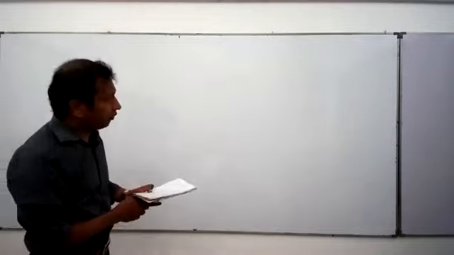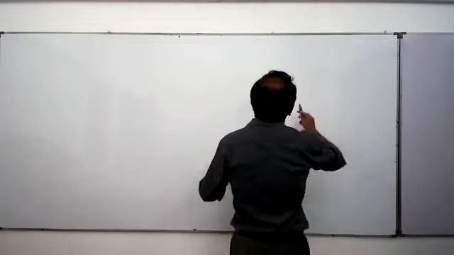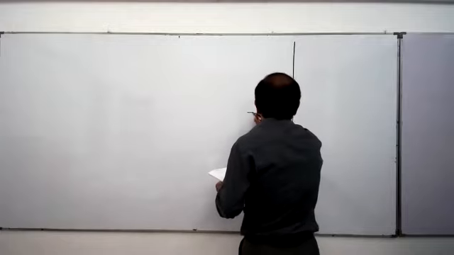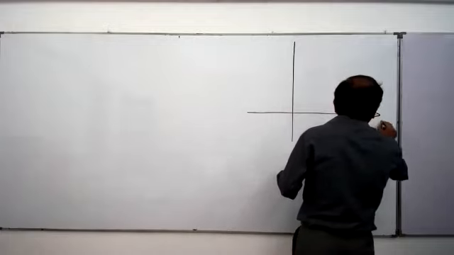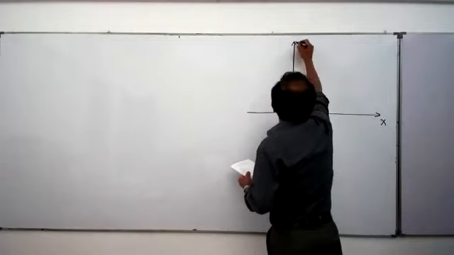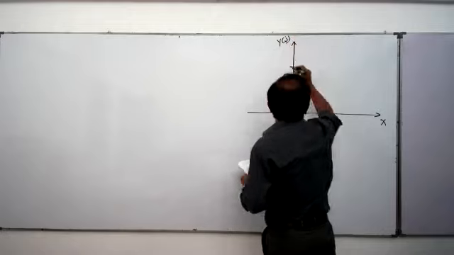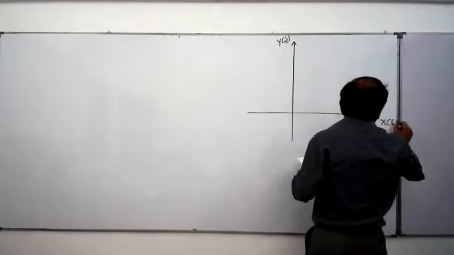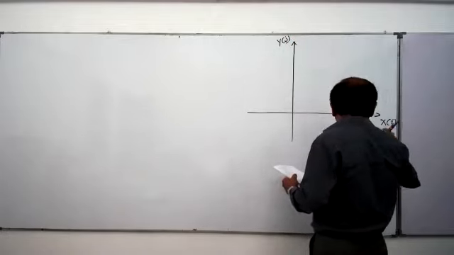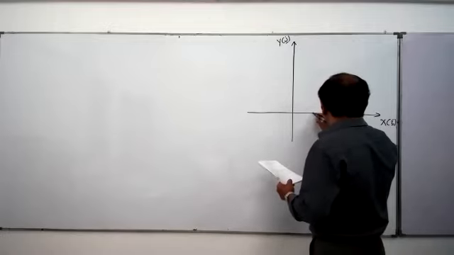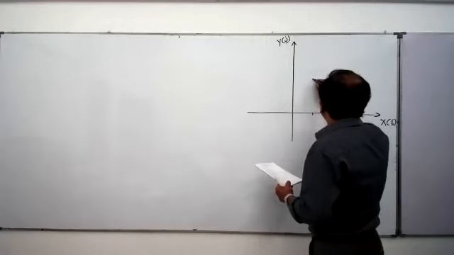Here, I'll roughly mark the points on the XY plane. This is the x-axis and this the y-axis. Along the y-axis the unit vector is j, and along the x-axis, i. Point A is (1, 2), somewhere here.